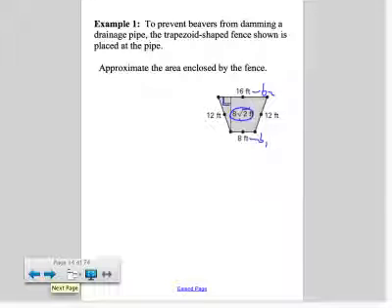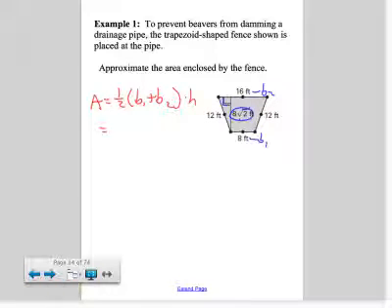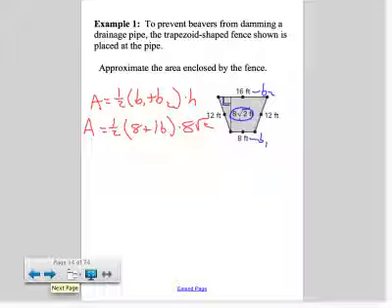So again, as soon as you know area of a trapezoid, you're saying A equals 1/2 B1 plus B2 times height. So A equals 1/2. B1 here we said was 8. B2 we said was 16. And the height is the 8 root 2.